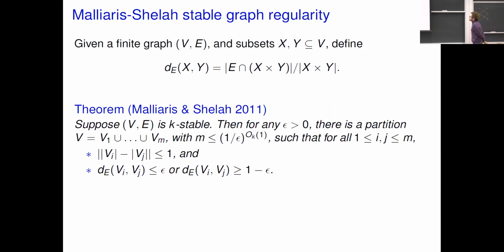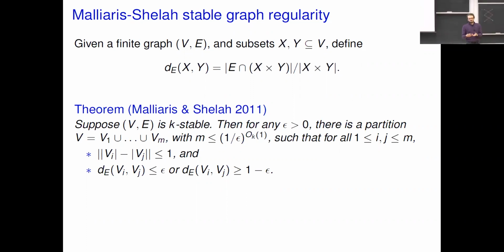Okay, and so a cut down statement of what they prove is that if you have a graph that's K stable, so you can either use the usual definition I showed before, or you can think the characteristic function of E is K delta stable for any delta, if you like. At any rate, they prove that if the graph is K stable, then for any epsilon, I can find a partition of the vertex set into some number M pieces with a very good bound, such that for any pair of pieces, Vi and Vj, first, they're almost the same size, so their sizes differ by at most 1.